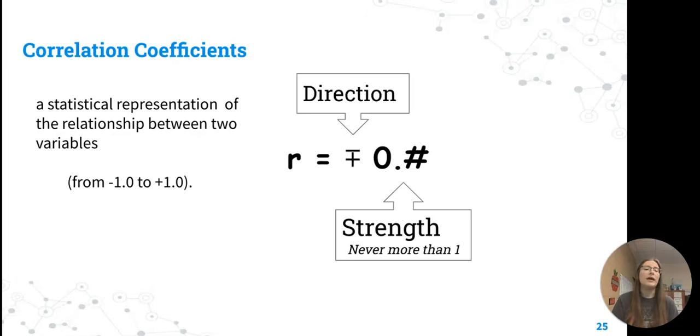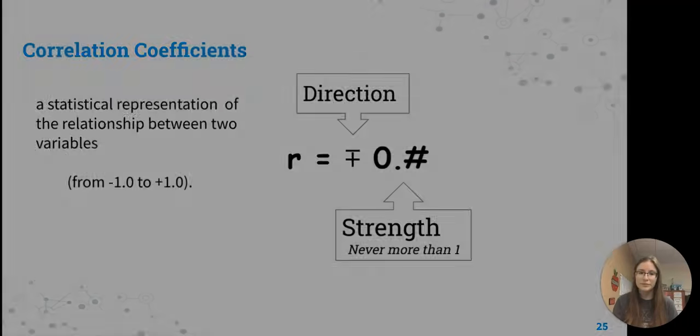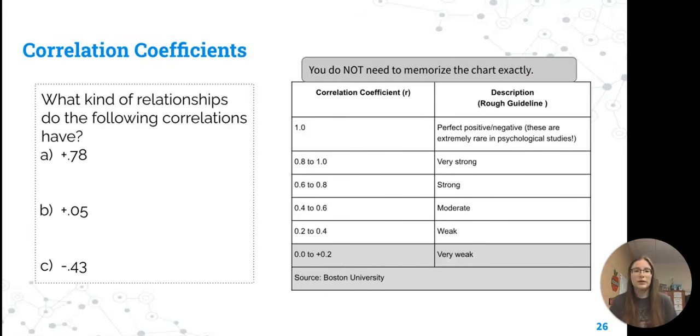So if you see r equals a positive number, we're going to have a positive correlation where one variable increases, the other increases. And if it's negative, we're going to have it where one variable increases and the other decreases, or vice versa. So I have some little practice ones here. I want you to think about what kind of relationship do the following correlations have.